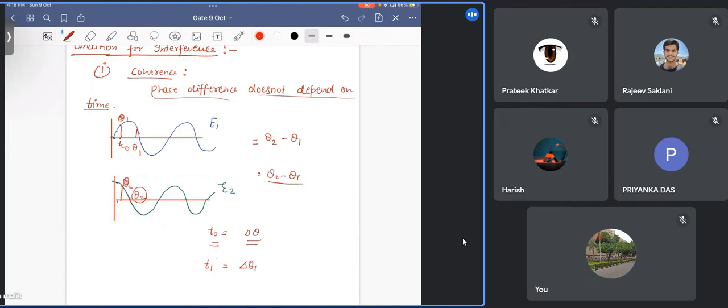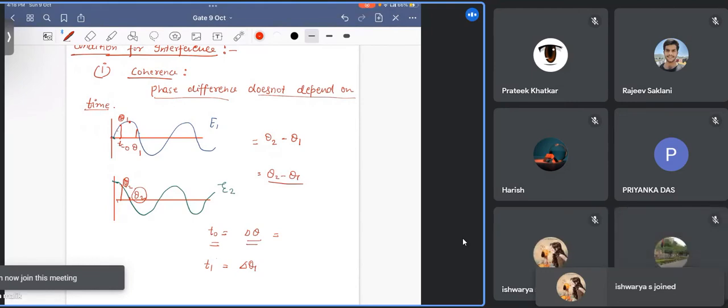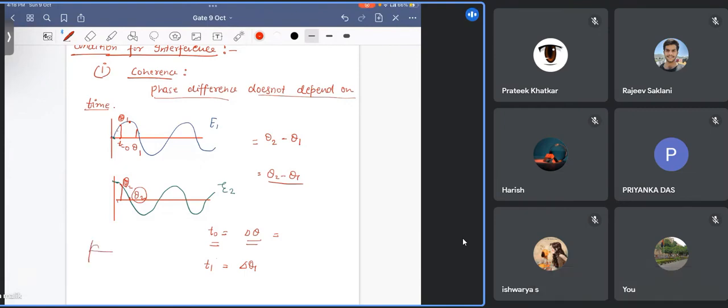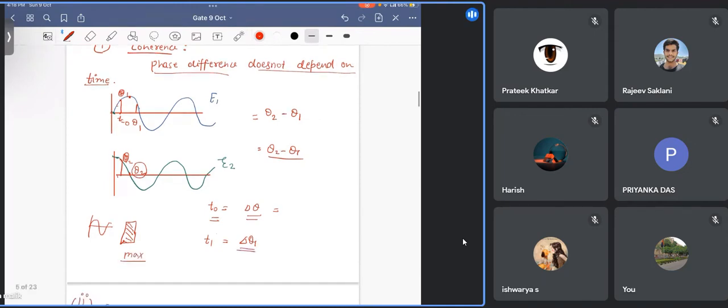With delta theta, you get a super constructive interference. So if you have two waves and you try to capture them by placing a camera in front of them, at time t equals 0 there is a maximum intensity, but at time t equals 1 the relationship changes and you will see minimum intensity.